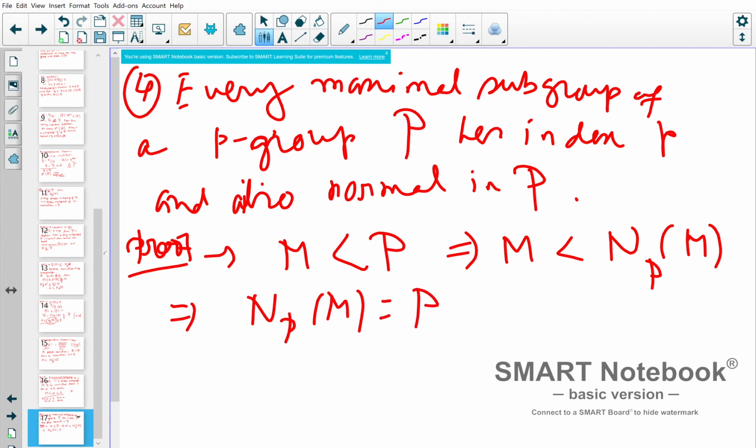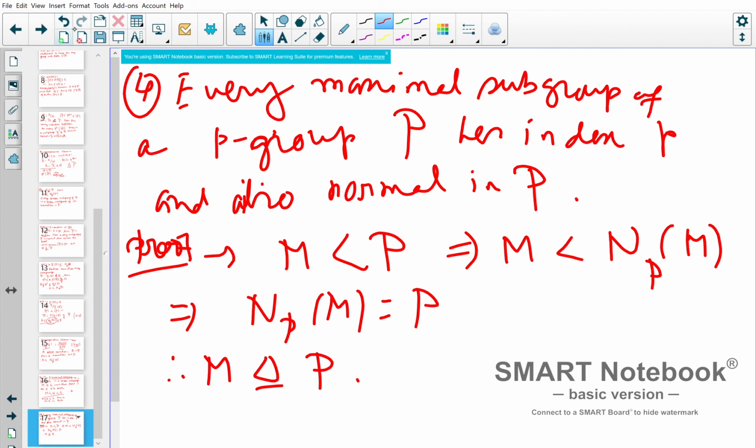That means the normalizer is the full group, so M is a normal subgroup inside P. Clear?